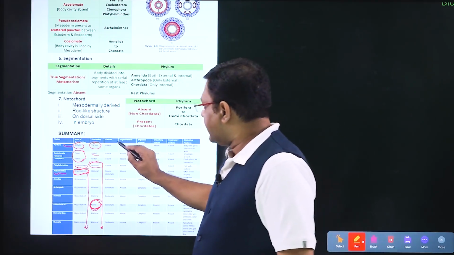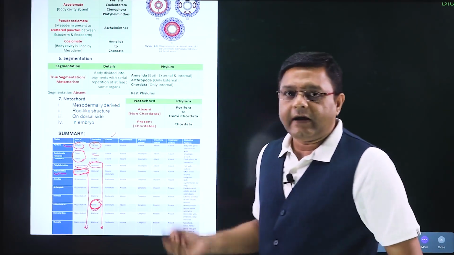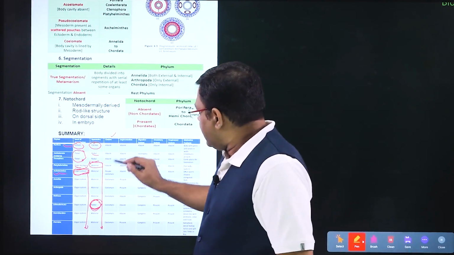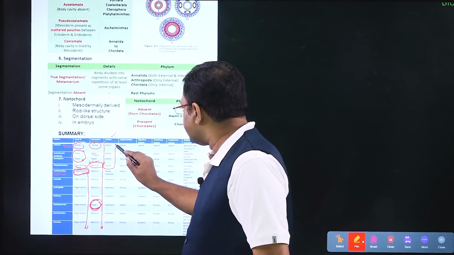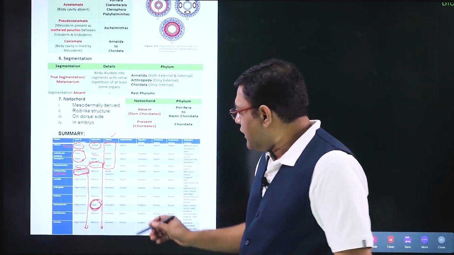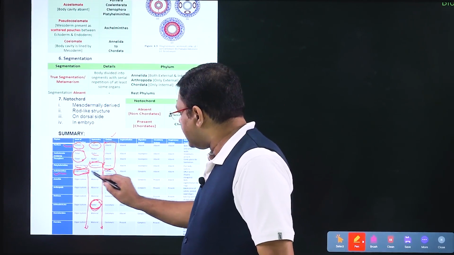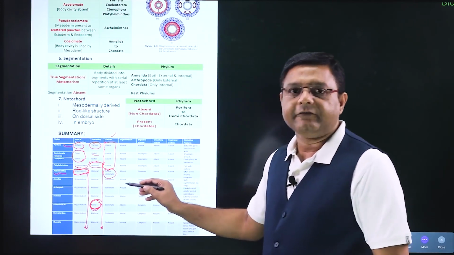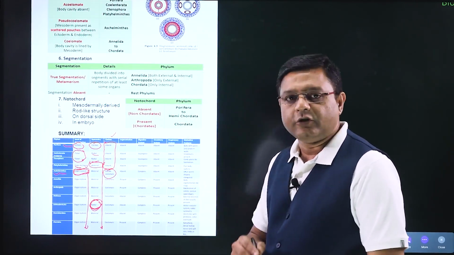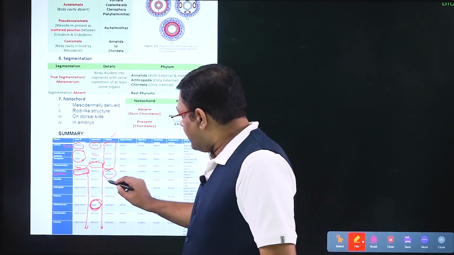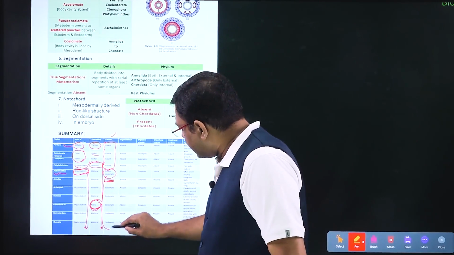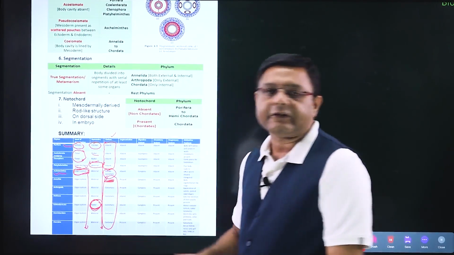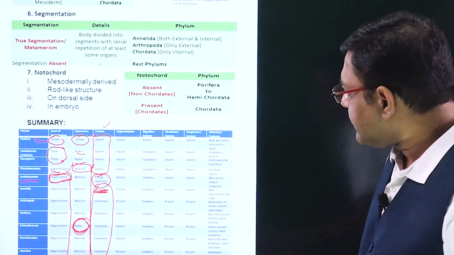After this, moving to coelom. Now, in the case of coelom, from Porifera to Platyhelminthes, coelom was absent. Pseudocoelomate was in the case of Aschelminthes, the only phylum to have the pseudocoelomate condition. From Annelida, the coelomate condition started and this condition continued till the last phylum, Chordata.